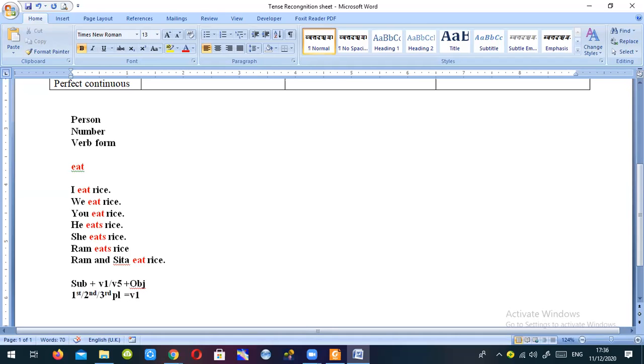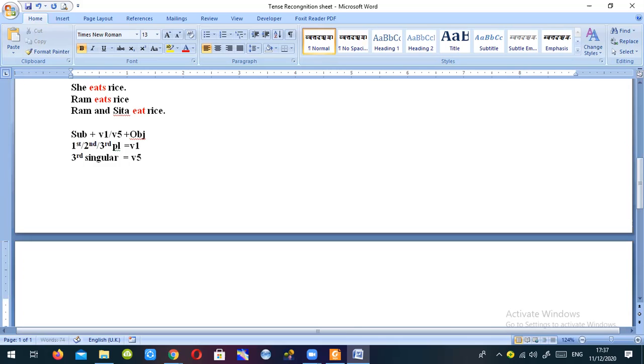You need to teach number and person together, right? And the remaining, which one takes V5? Third person singular only takes V5. If you teach that together, then they can understand easily.